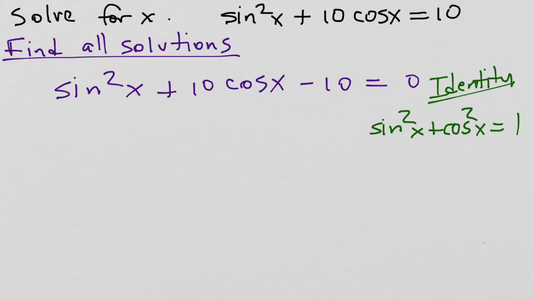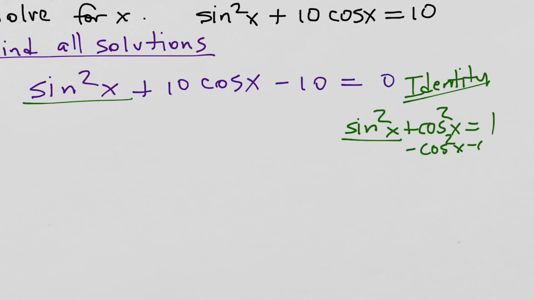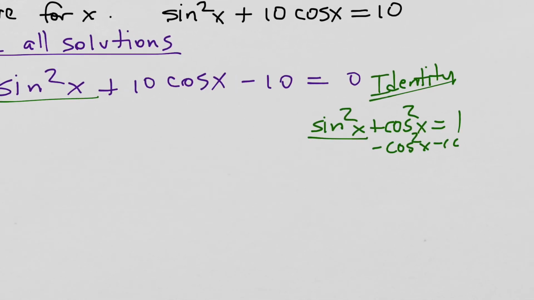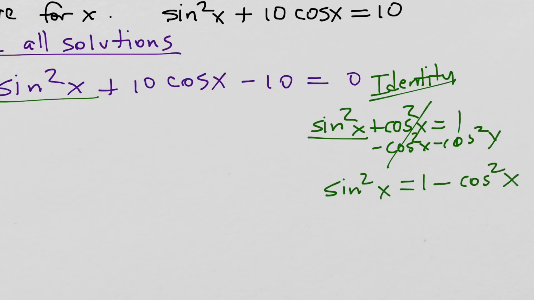All right, so if I want to find a replacement for sine squared of x, I've got to move this over to the other side, so that I can cancel it out. So I can figure out just sine squared of x, 1 minus cosine squared of x.